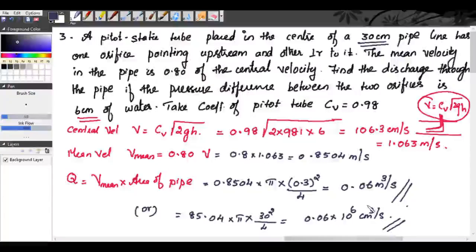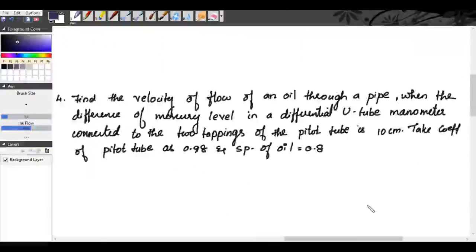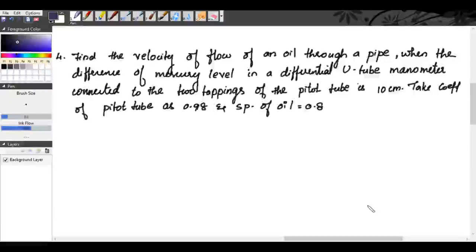Now we will move on to our next problem. Find the velocity of flow of an oil through a pipe when the difference of mercury level in the U-tube manometer connected to the two tappings of the Pitot tube is 10 centimeter. Difference in mercury level, that is X, is equal to 10 centimeter.